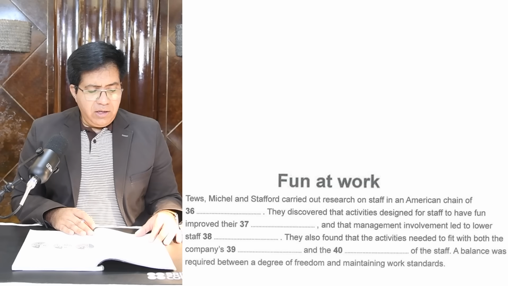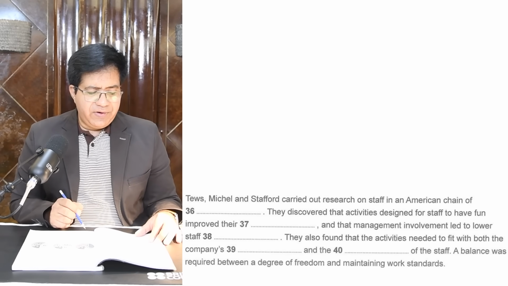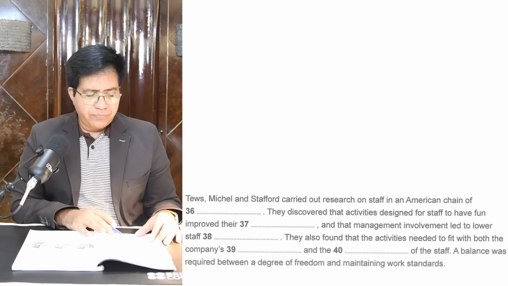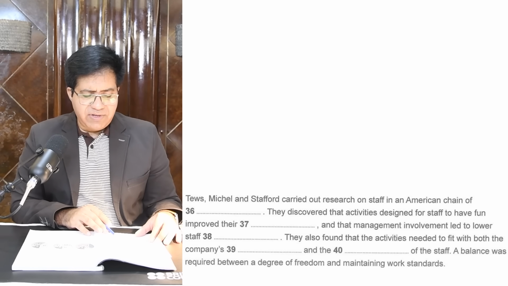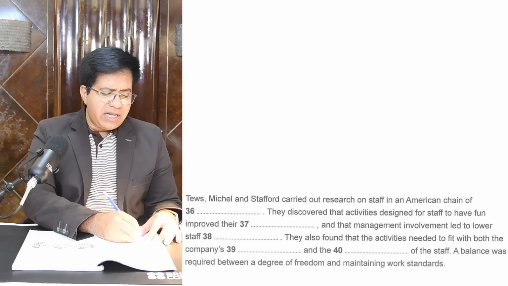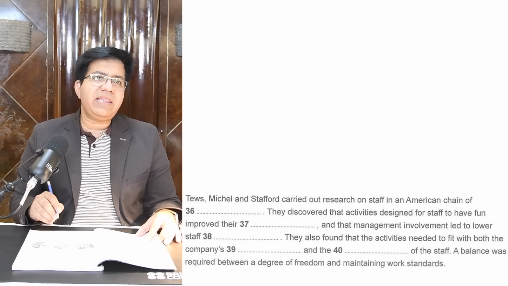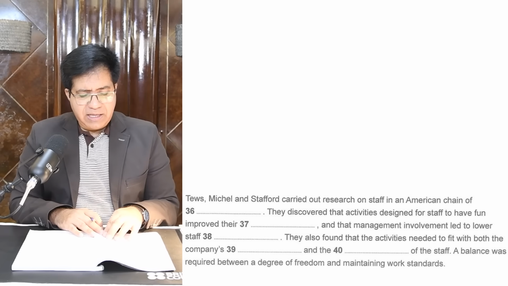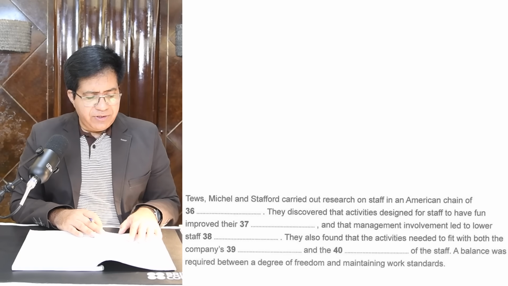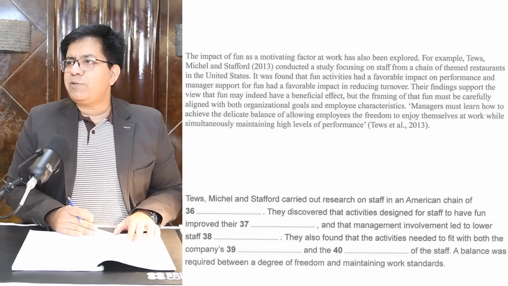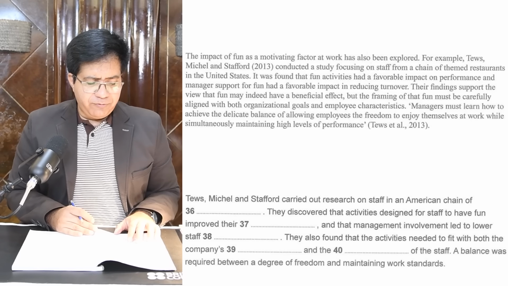Okay, now we read on. Question number 37. They discovered, they means Tews, Michael, and Stafford. They discovered that activities designed for staff to have fun improved their dash. Now, activities improved their. What do they mean by their? Staff. Absolutely staff. Now, please come back. I'm reading after United States. It was found, third line, second last paragraph of the passage, third line after full stop.